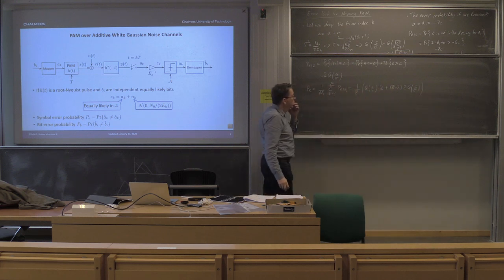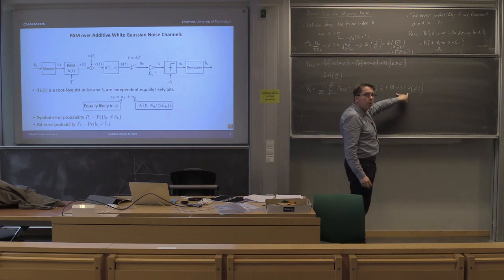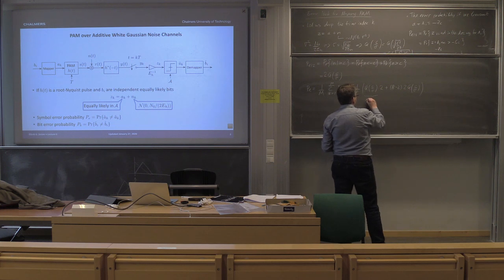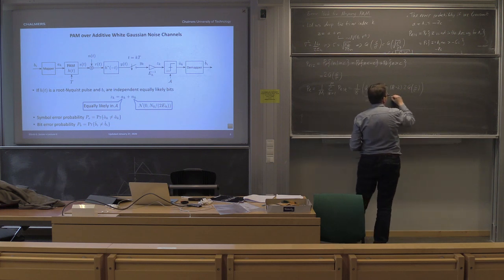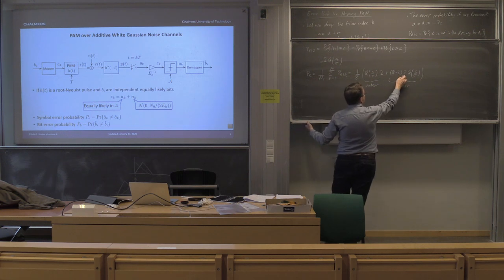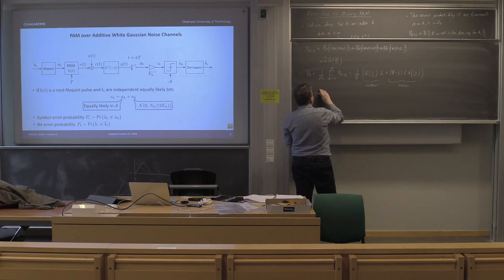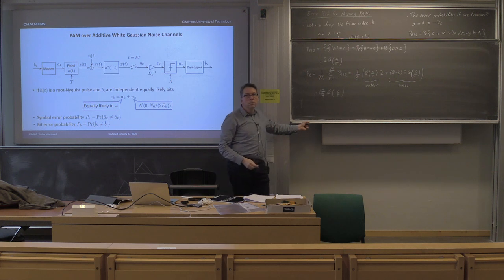So the 2 outer points and the 6 inner points. If we add everything together, we get 6 times 2, that's 12, plus 2, that's 14. 14 divided by 8 is 7 divided by 4, times Q of C over sigma. So now we know the error probability of this constellation.